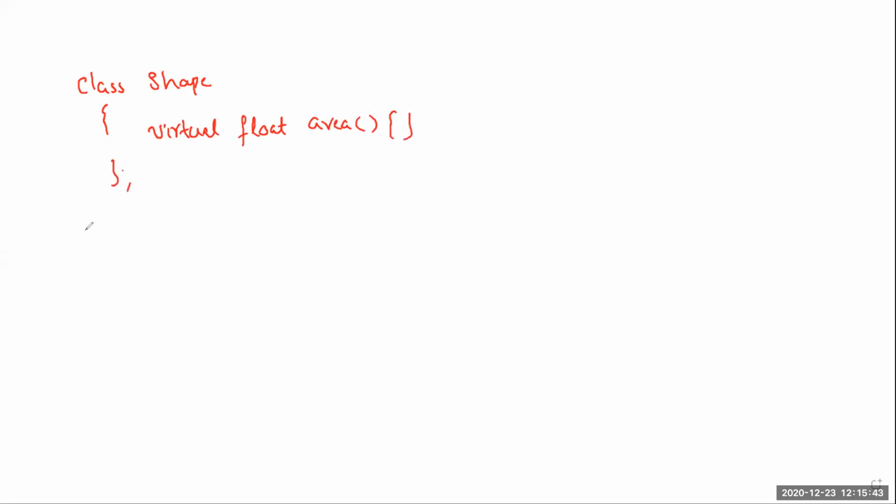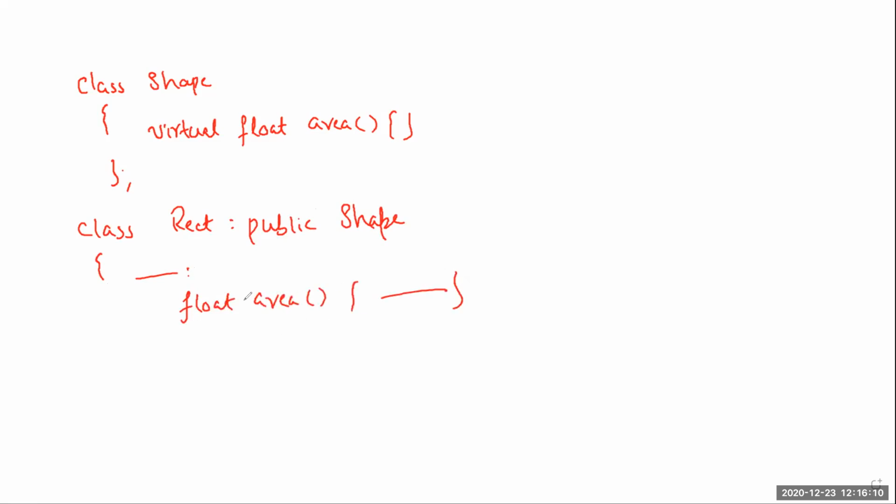Then I make a child class like we did, rectangle. It is public, so you will write the body of this function.